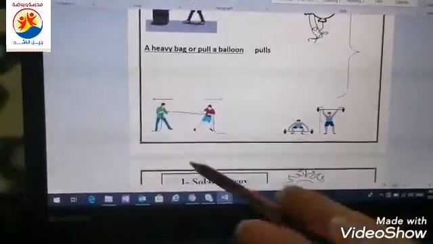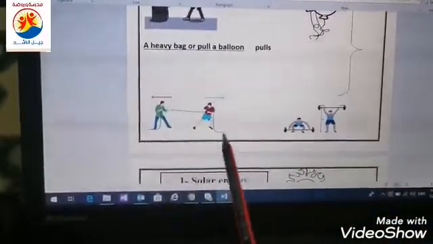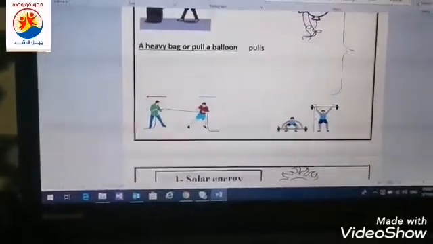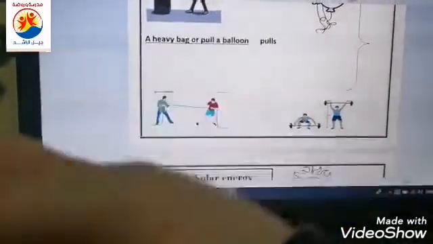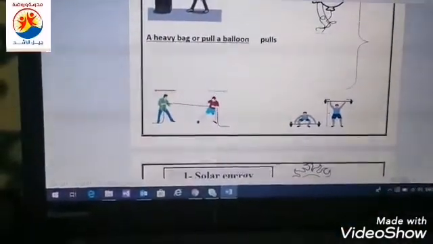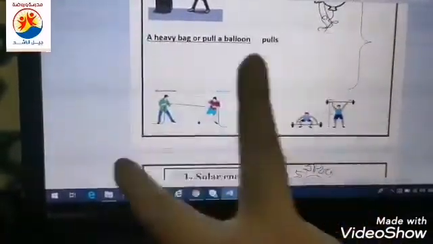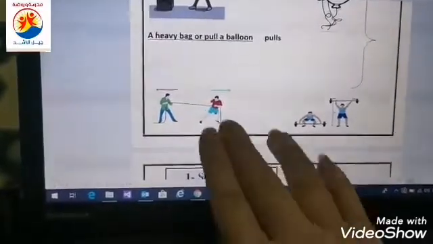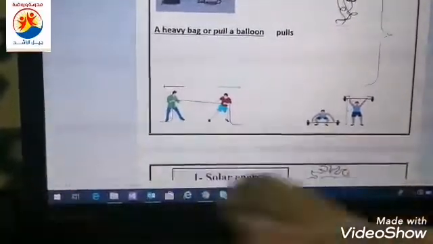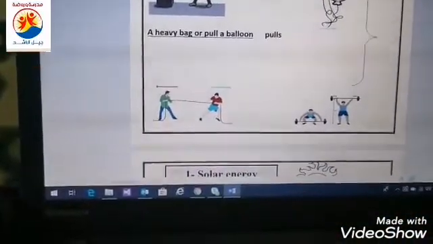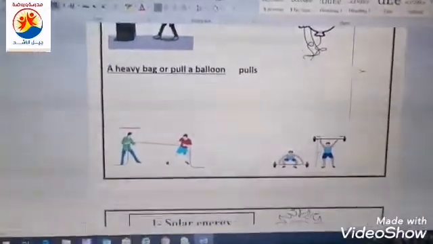Guys, we play this at school, if you remember. We hold a long rope and we make two teams. Here one team and here the other team. And we play this: who pulls stronger, right?